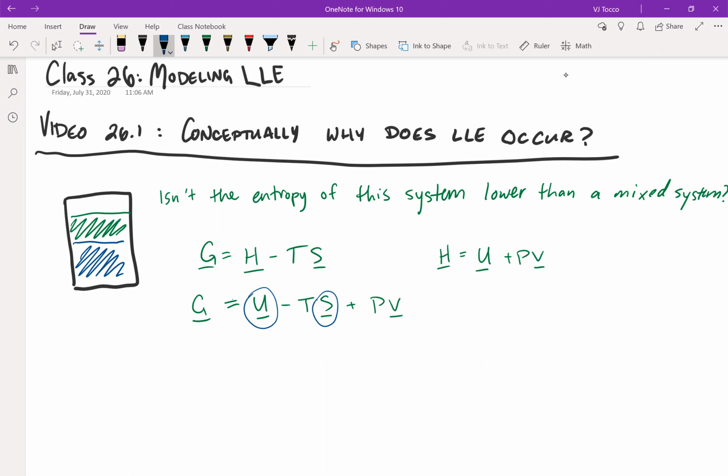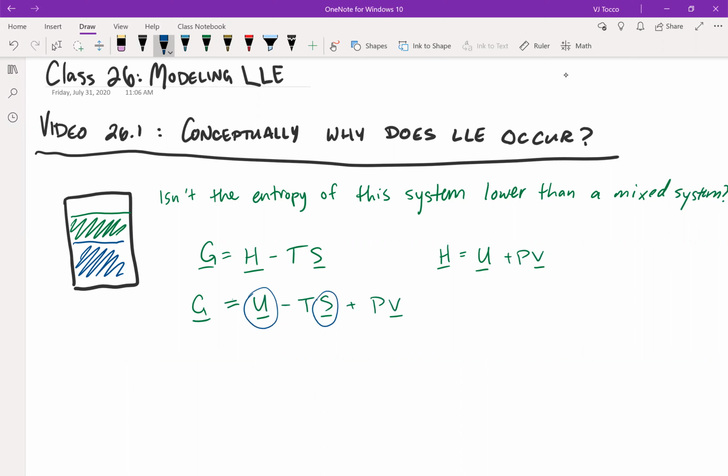If it phase separates, it is going to decrease its entropy. So S would be going down, which would make this minus TS term go up, because you're subtracting a lesser number. That would force the Gibbs free energy to increase, which would seem like it doesn't want to do that.